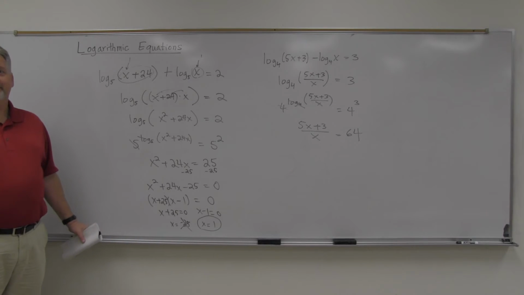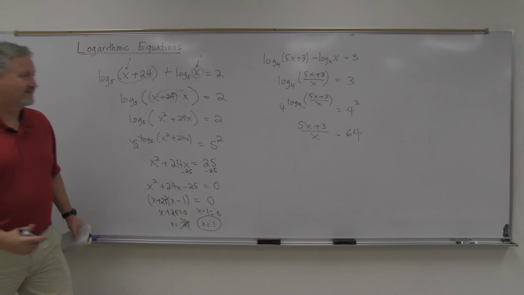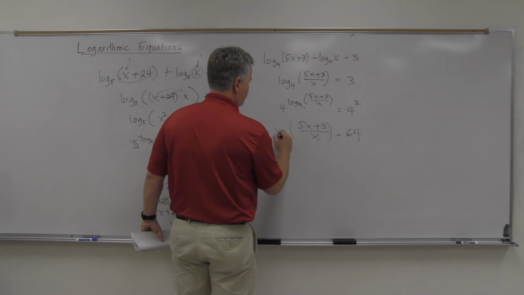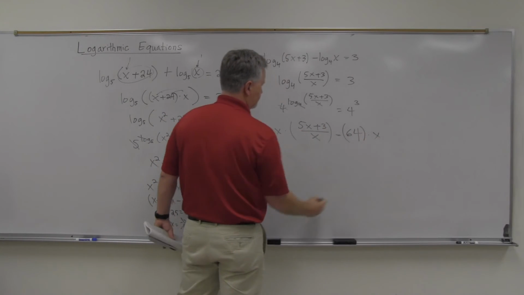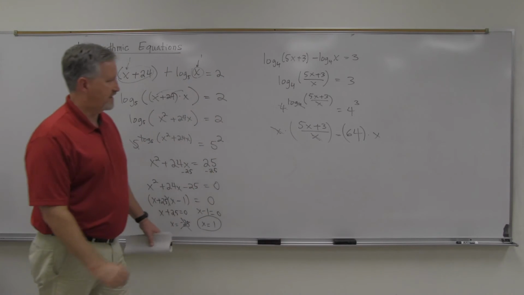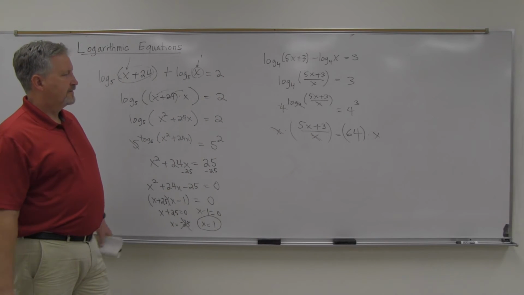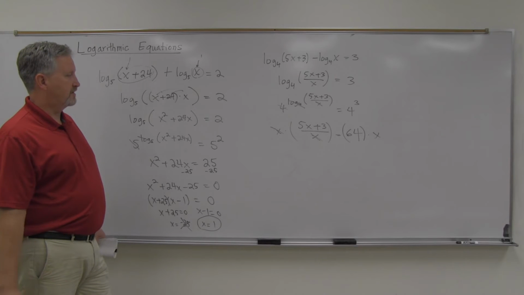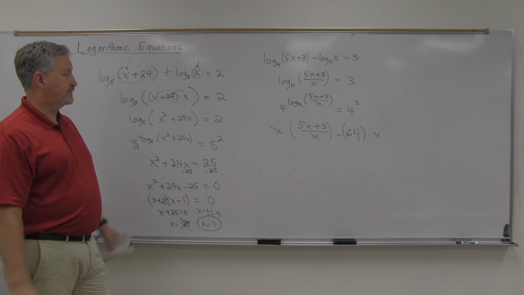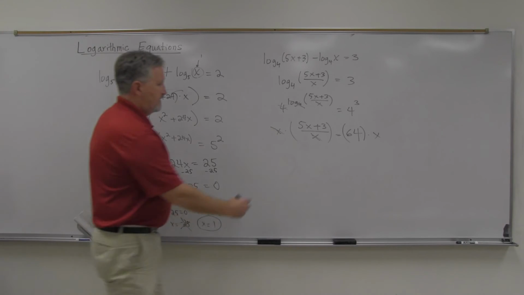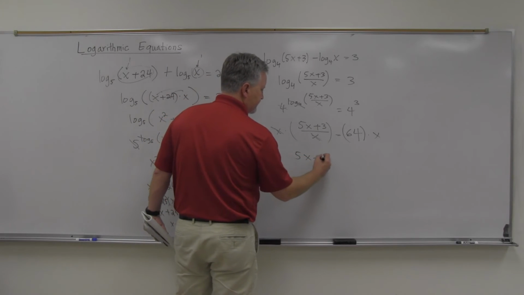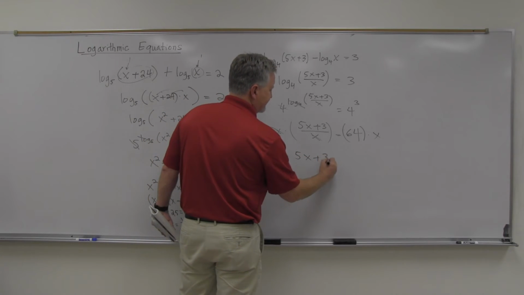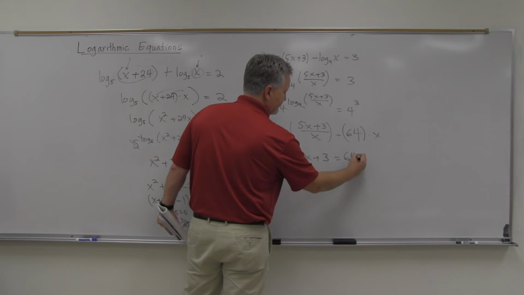Well, one thing we can do is multiply both sides by x, and that'll cancel the x out there. Cross multiply if you want to. This side then will be 5x plus 3 equals 64x.